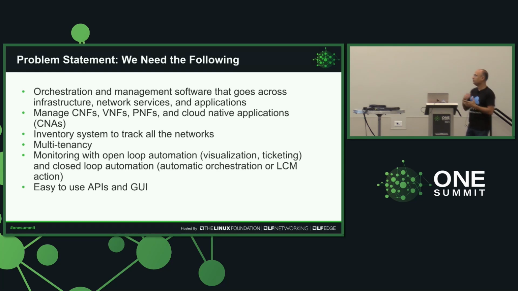We need to be able to monitor the entire environment, whether it's infrastructure, the Kubernetes layer, or the network functions or applications, and visualize them. That's what you can call open loop automation: visualize it, use it for ticketing, et cetera. Or use it for closed loop automation, which is automatically performing a lifecycle management action without involving a human being. And finally, you need easy-to-use APIs and GUIs.